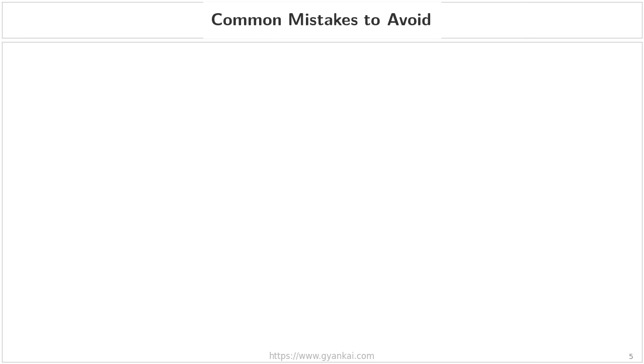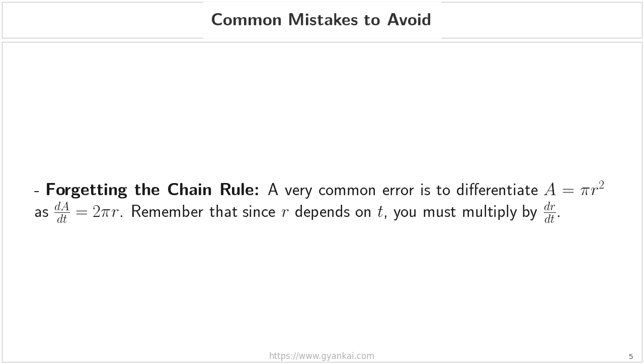Common mistakes to avoid. Now that we have walked through the practical examples of the inflating balloon and the expanding metal cube, let's discuss some common pitfalls. It is important to be aware of these mistakes to ensure your calculations are accurate and your logic is sound. First, let's address the issue of forgetting the chain rule.